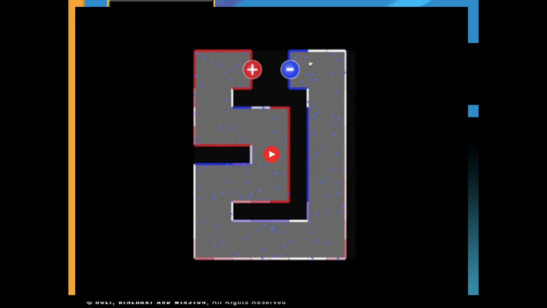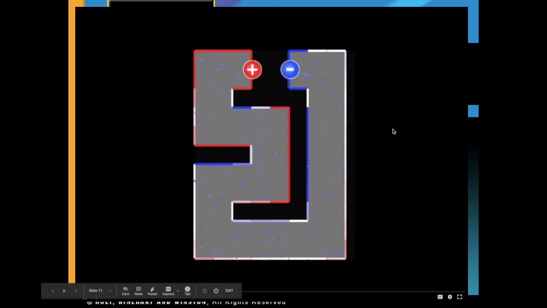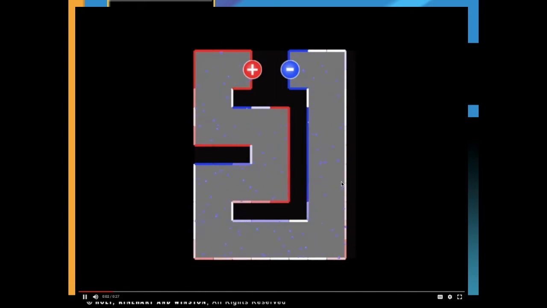So, this is the negative terminal, this is the positive terminal, and electrons will move from the negative terminal towards the positive. And I'm sure you can guess why this is. It's because electrons are negatively charged, so they are attracted towards a positive area.